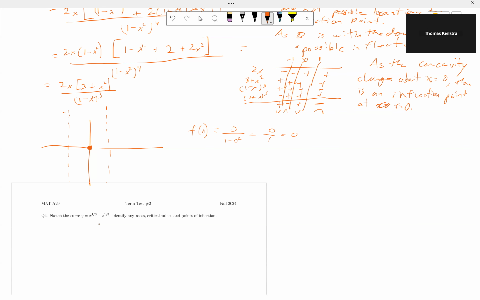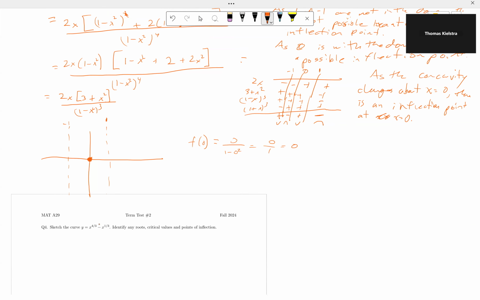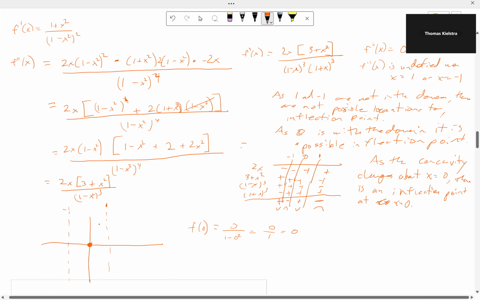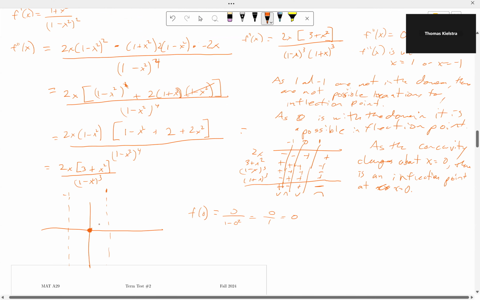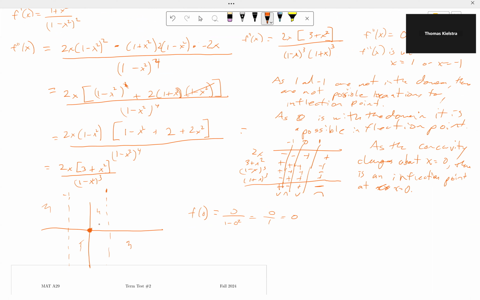Okay, and now if we look at our sign chart, we are positive, negative, positive, negative. I am increasing, decreasing, increasing, increasing, increasing, increasing.